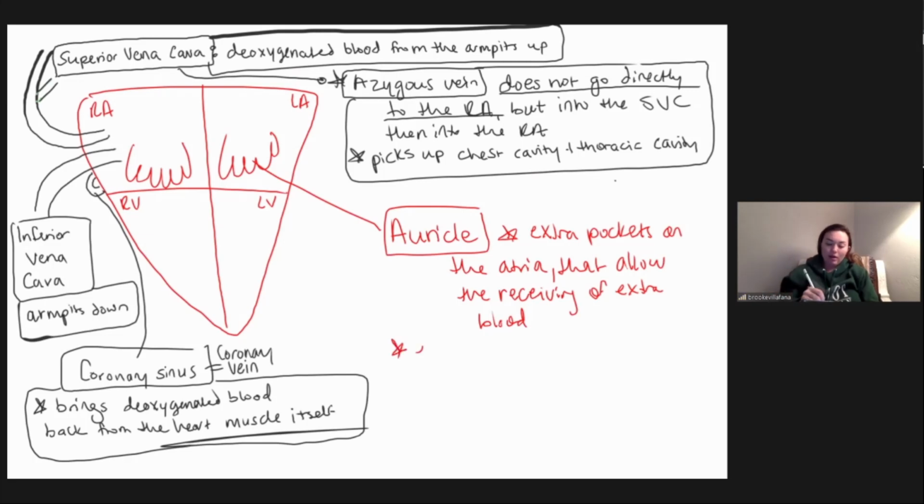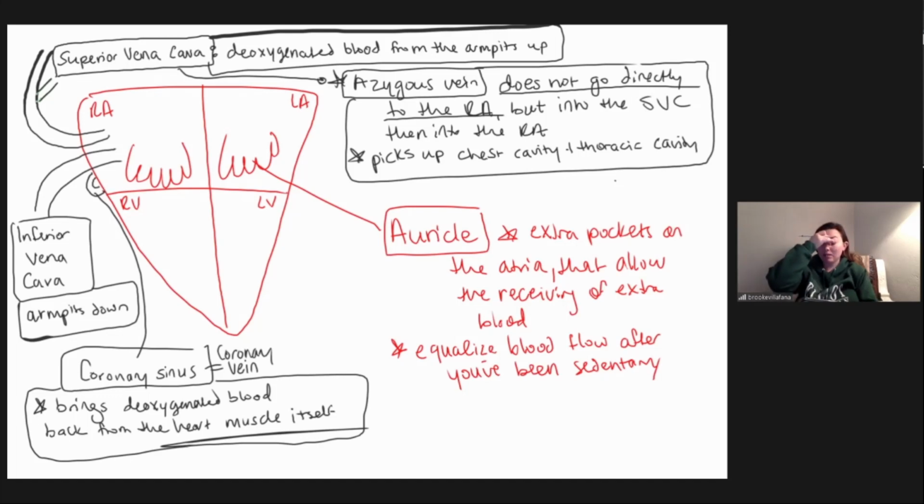And then they also help equalize blood flow after you've been sedentary. Let's say we're all sitting here during this SI session. We've been sitting for a little while. Our blood is kind of pooling on our venous side, and that's because your venous side has less musculature that pushes blood back to the heart.